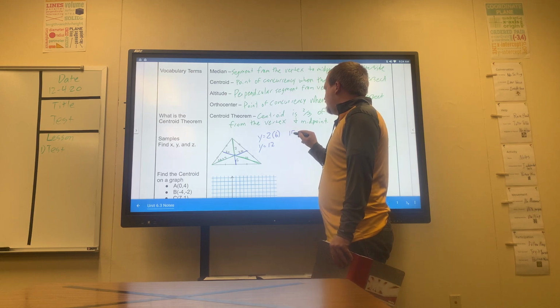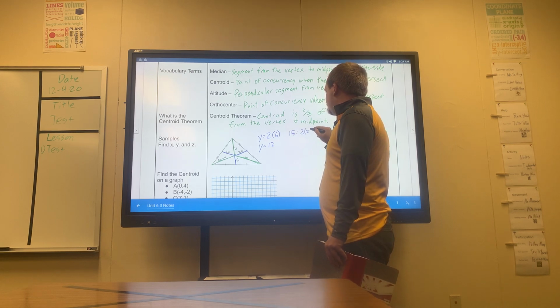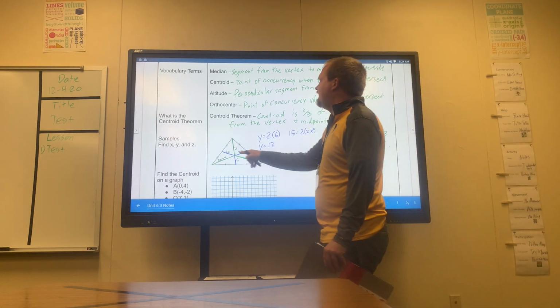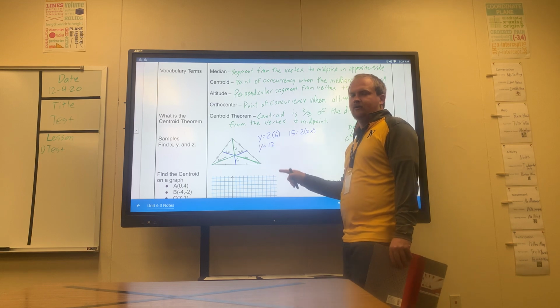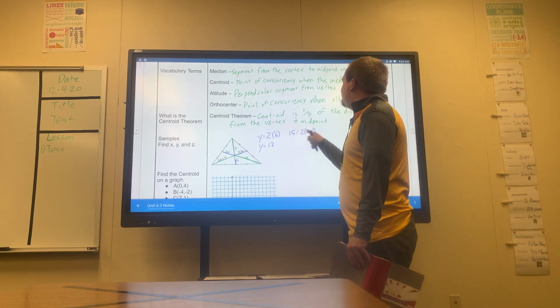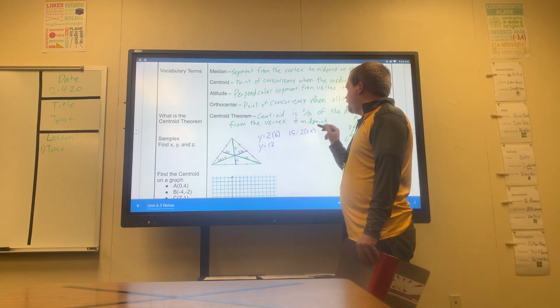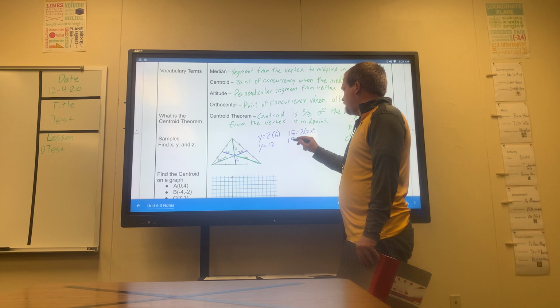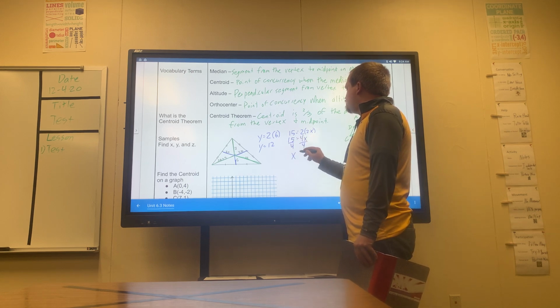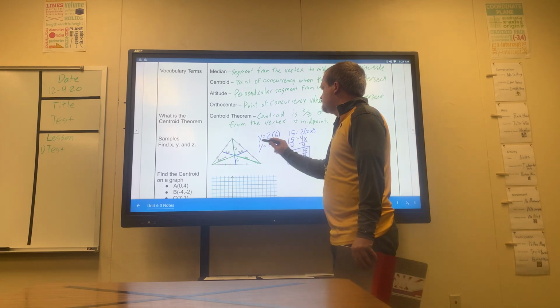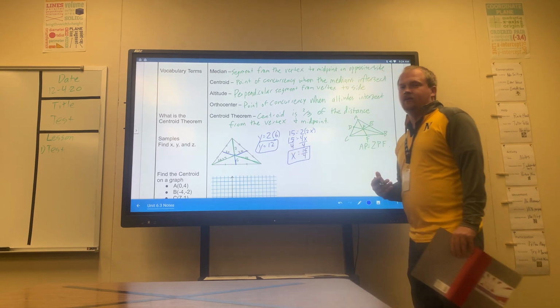I know 15 is equal to 2 times 2x, because remember, the side in green is at least double. So I have to double the smaller length to make it equal. So 15 equals 4x, divided by 4. I'm just going to leave it as a fraction, 15 over 4. So that's how we solve for x.